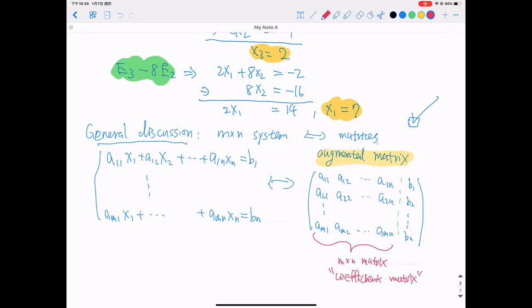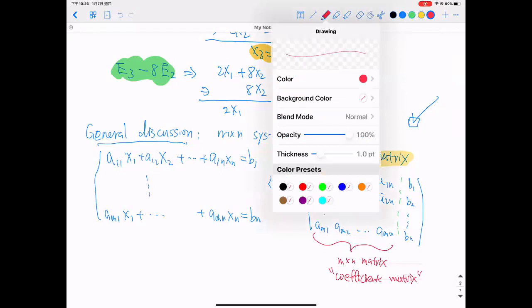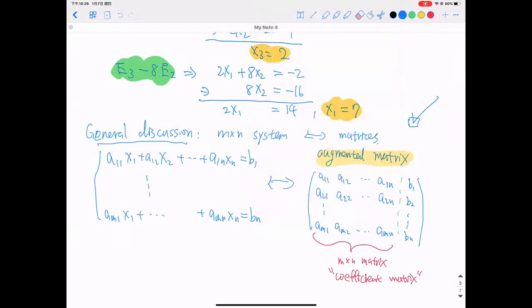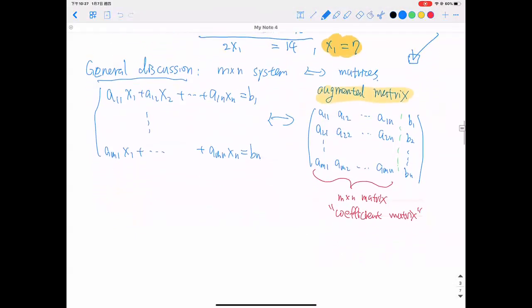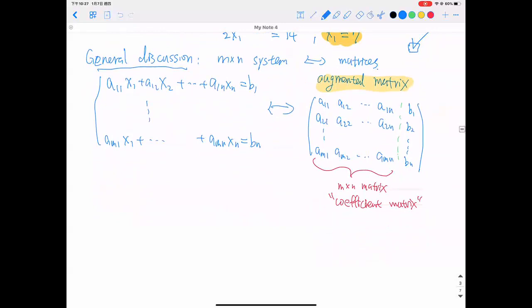Okay, so the point I'm trying to make here is that operations on linear systems give rise to corresponding operations on matrices. Let's write this down.